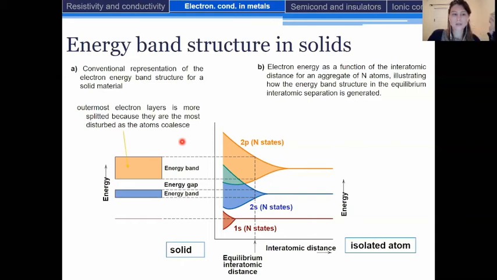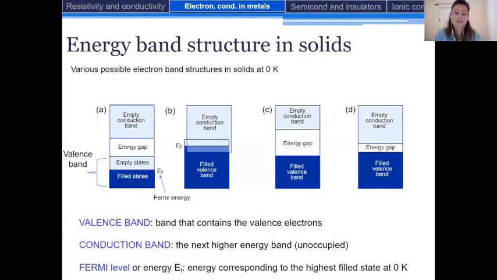And so, as we explained, the outermost electron layers are the most split because they are the most disturbed as the atoms coalesce. The electrical properties of materials are directly dependent on their energy band structure, and particularly on the arrangement of the outermost bands and how they are filled with electrons.